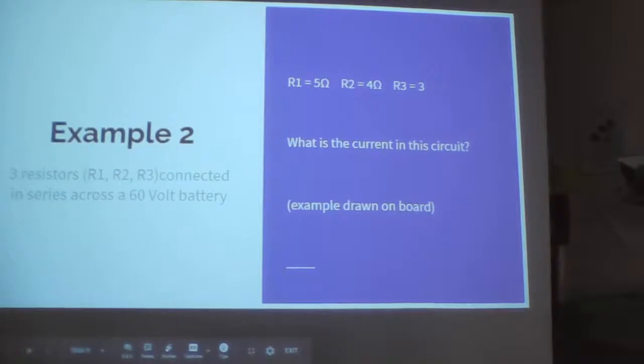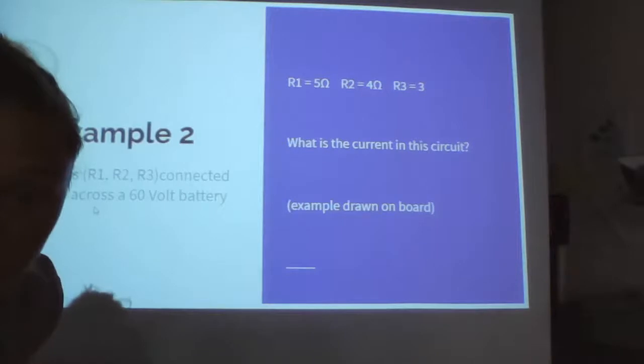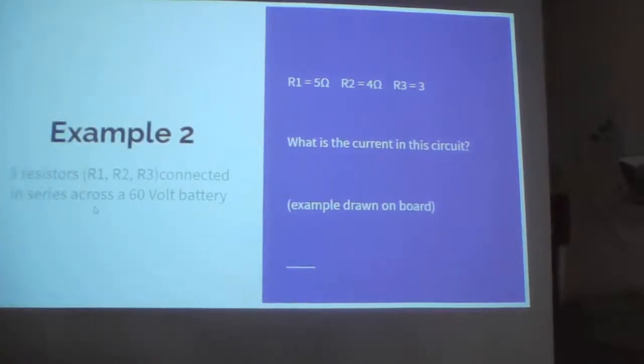This is probably a bad color to use. I don't know if you guys can really see that. I'll correct that on the slides before I post them. But under example 2, if you can't read that, it says 3 resistors. And if you saw my drawing, it says the same thing, but in words instead of in a drawing.